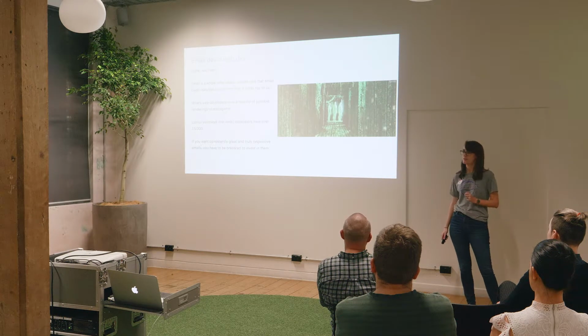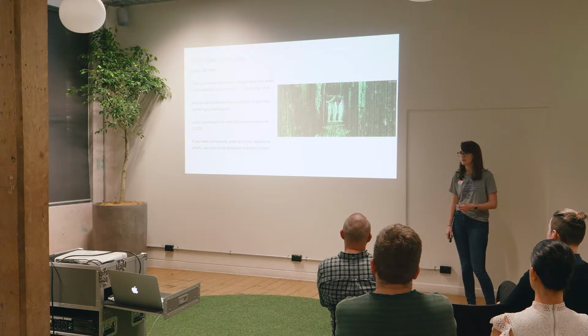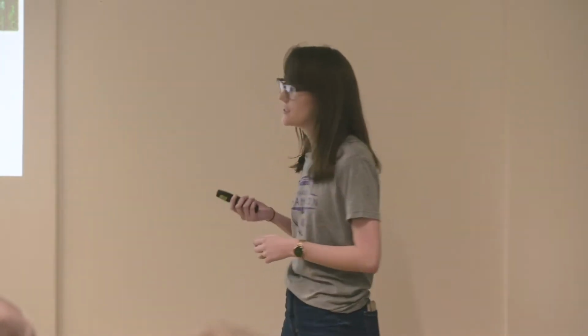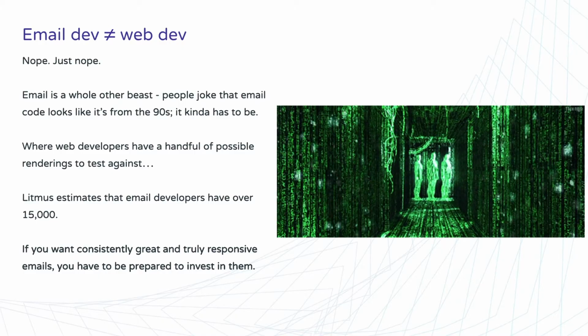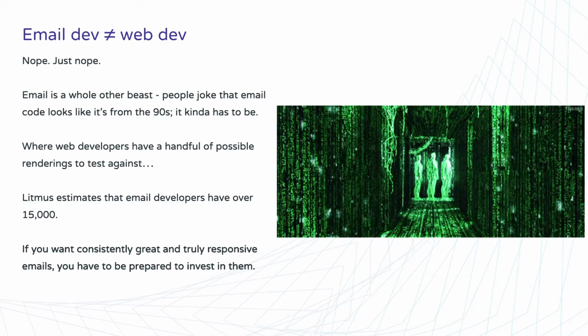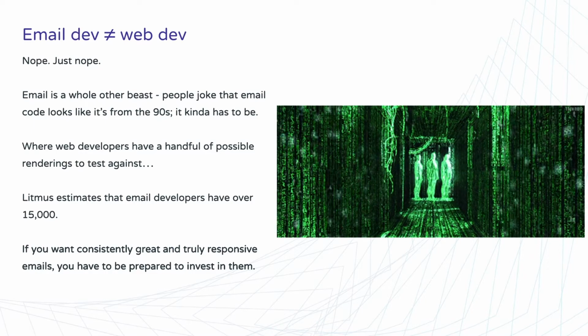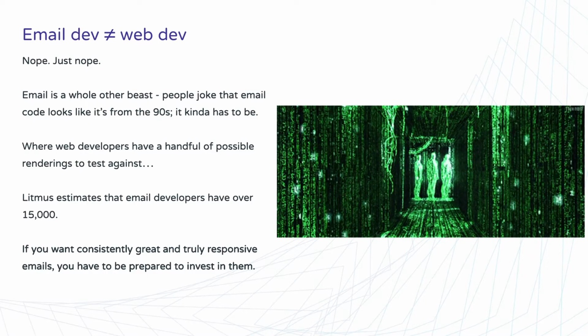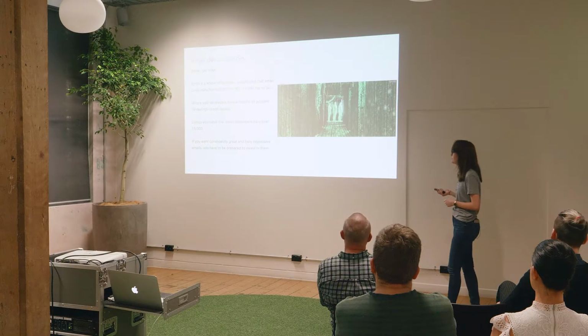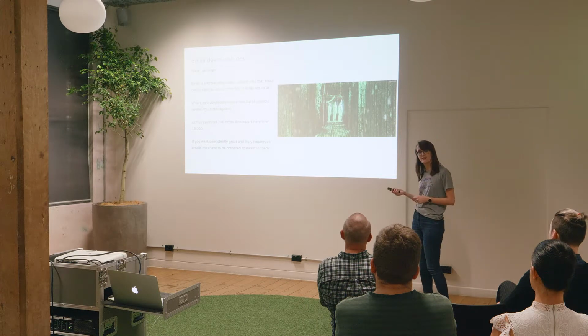The reason is it kind of has to be in order to work, because when a web developer only has a handful of things to contend with when they are building new pages, browsers, screen sizes, those sorts of things, Litmus estimates that email developers have over 15,000 variants to contend with. 15,000 is a lot. It's more than really is feasible for any of us to deal with.